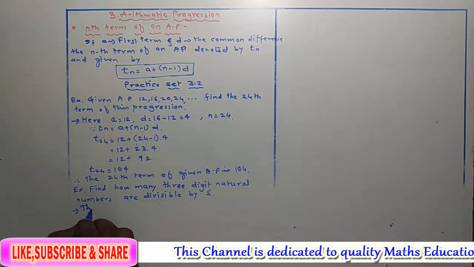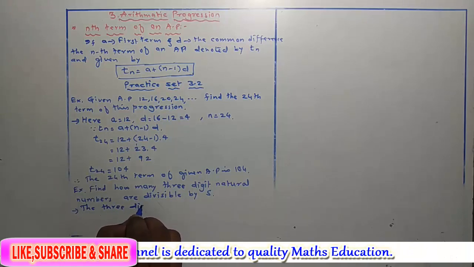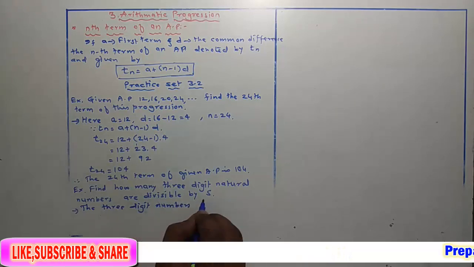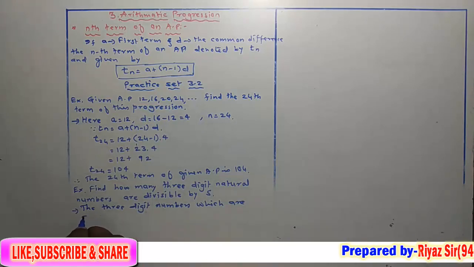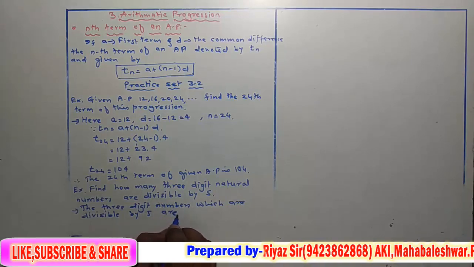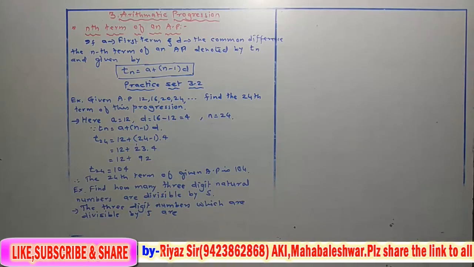The 3-digit numbers which are divisible by 5 are how many, and which are those numbers, we will find.